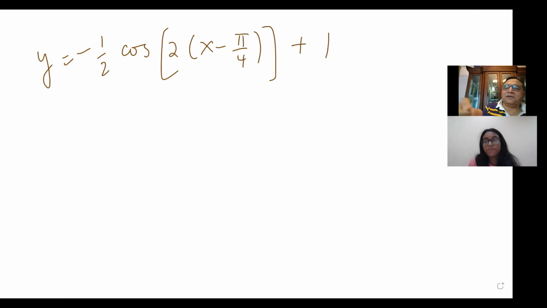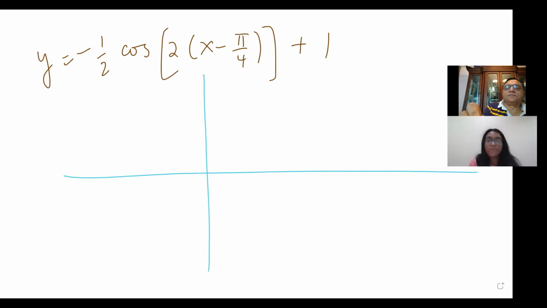How will you sketch it? Can you tell me, Chelsea? So again, you go from left to right. So the first thing is a horizontal compression. No, this is a reflection on the x-axis. Yeah, vertical, sorry.